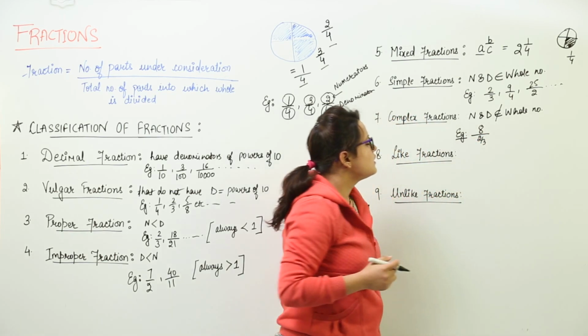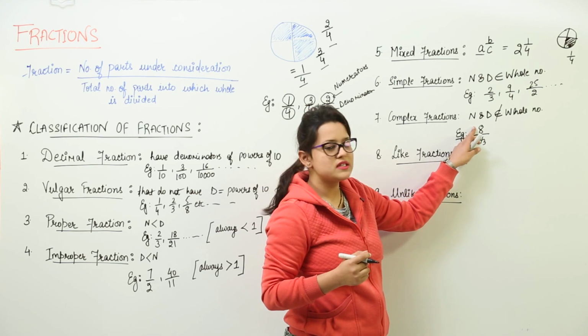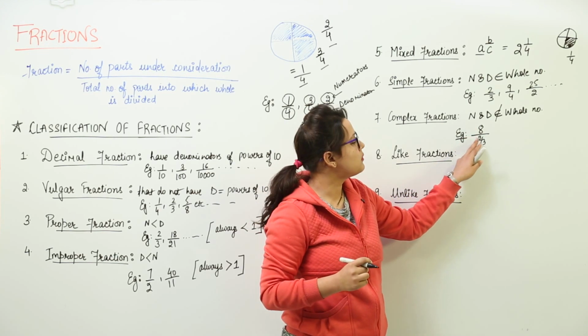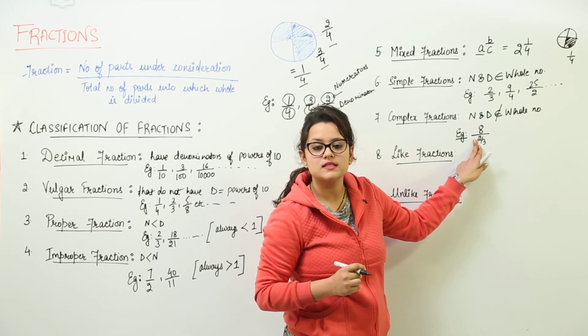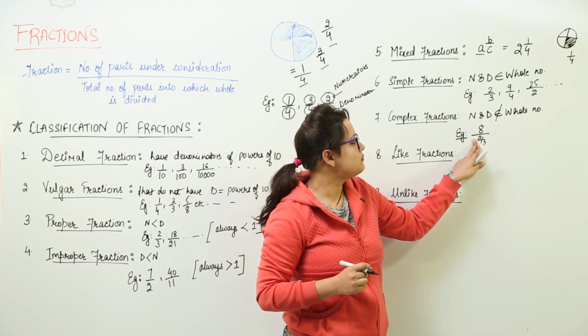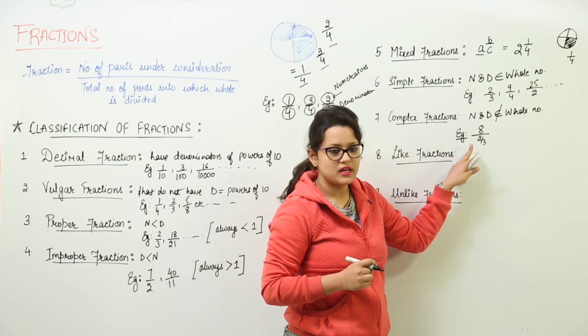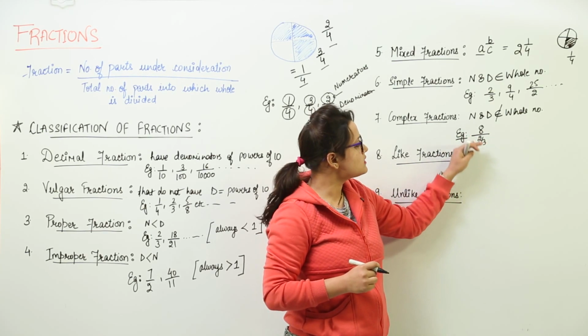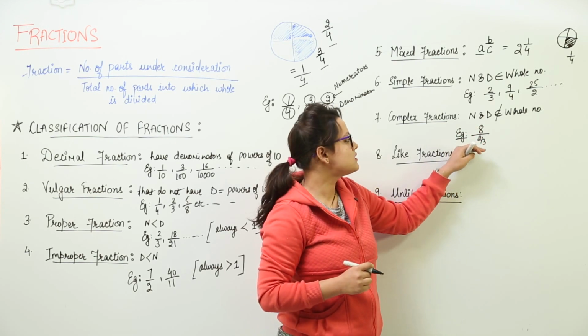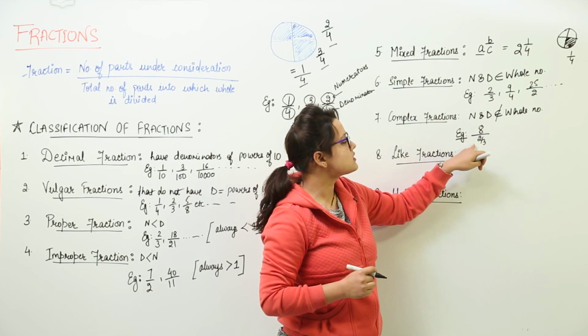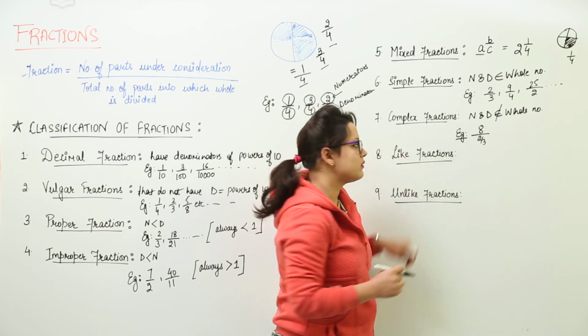Now in this you can check the numerator is 8, which is a whole number, but what about the denominator? Here your denominator is not a whole number, it is a fraction only. So this is representing a fraction, yes, but because its numerator and denominator both are not whole numbers, this is not a simple fraction, this is considered to be a complex fraction.